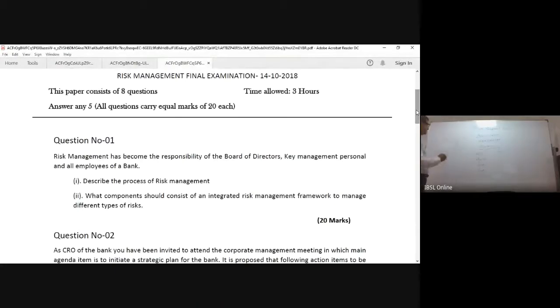First we said risk management manages different types of risk, and we insisted that we are a financial services organization. So the major risk is financial risk.